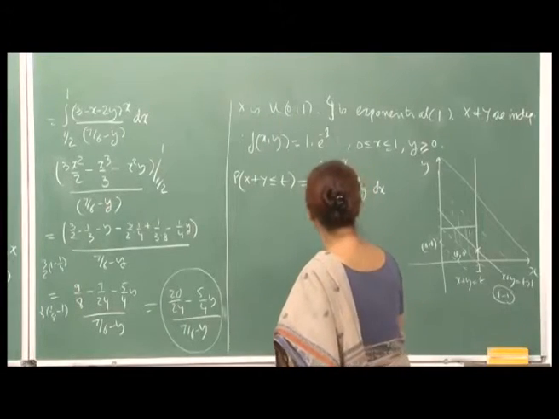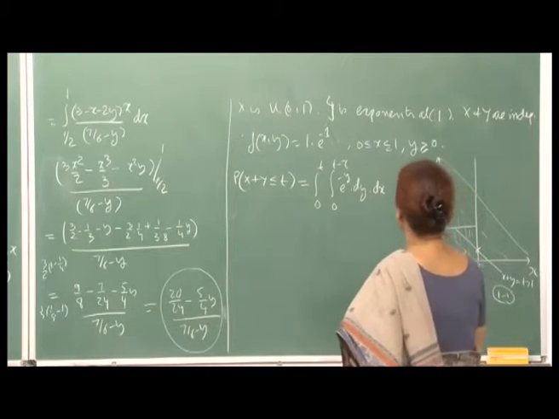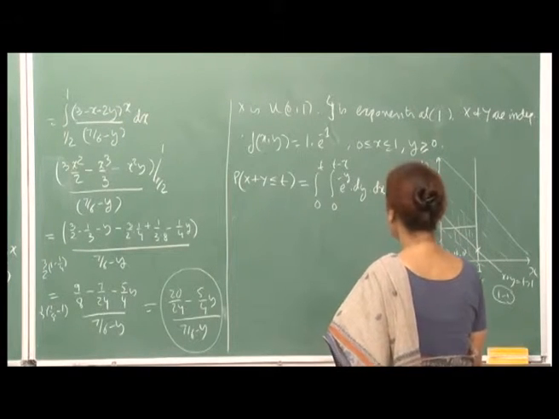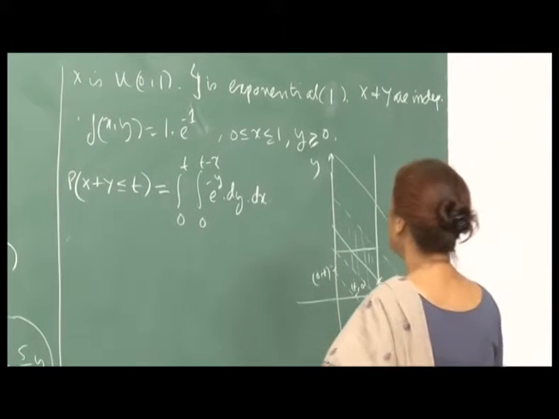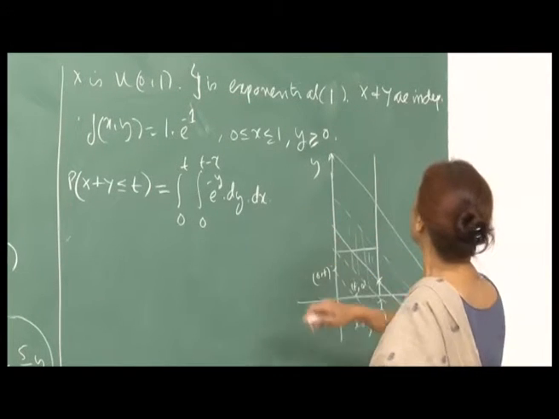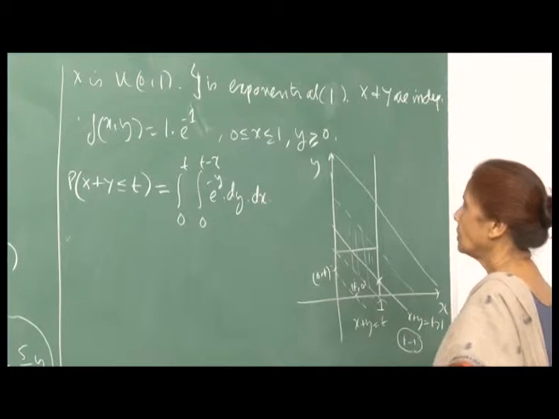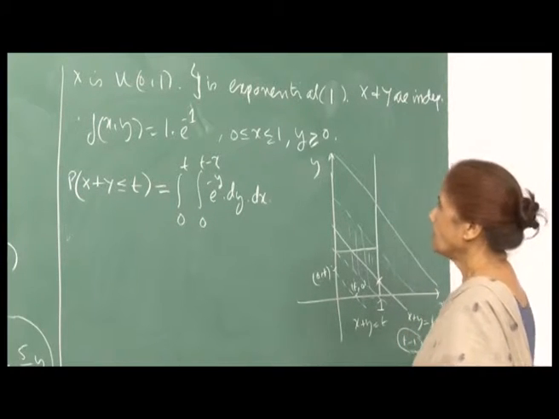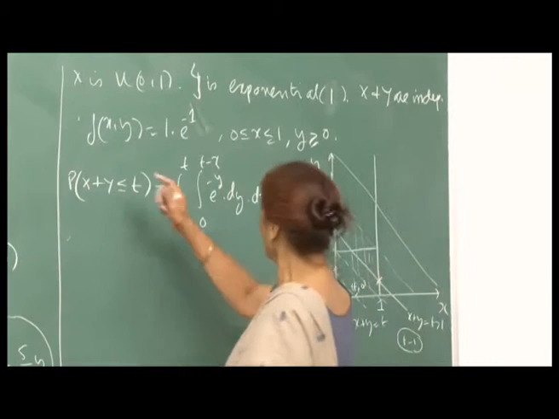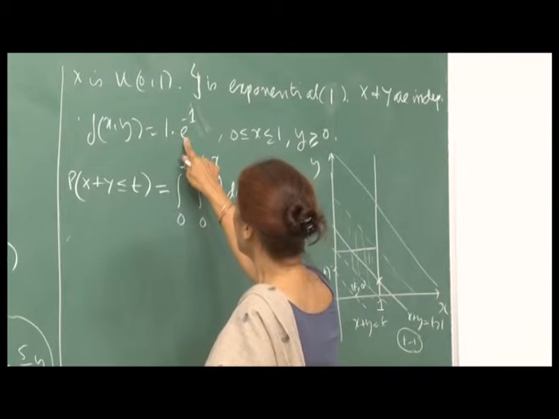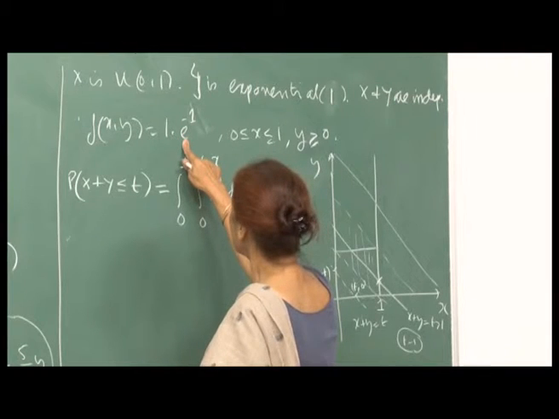Now, trying to look at this example, where x is uniform on 0 to 1 and y is exponential with parameter 1, and x and y are independent. So, now we want to look at the joint density function of x and y, which will be just the product of the individual PDFs.